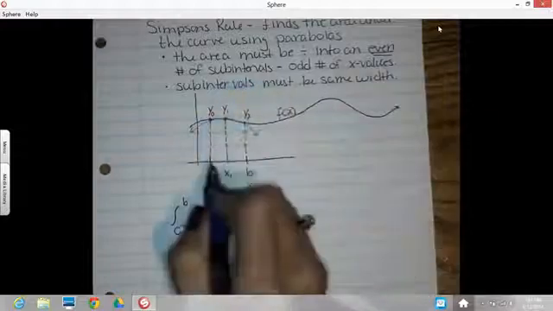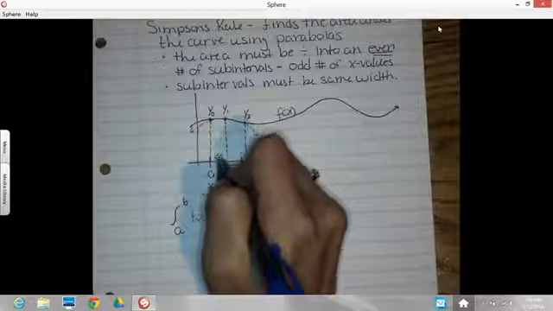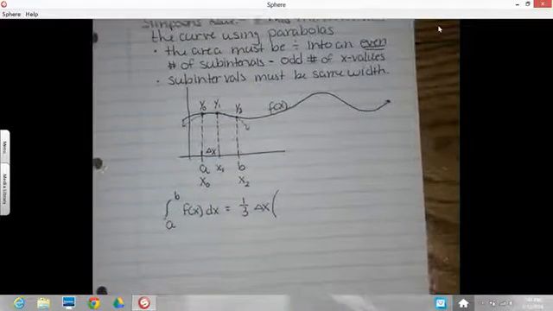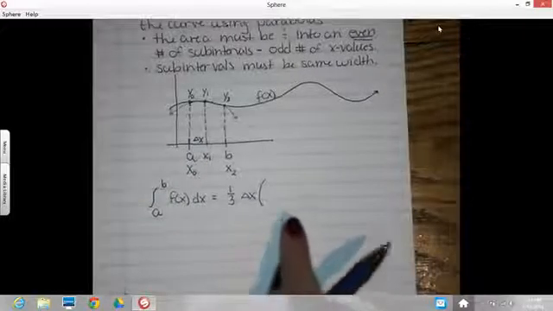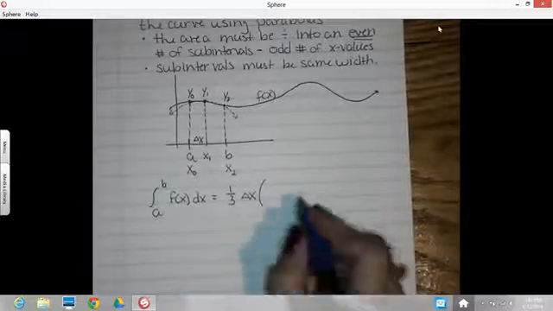Your delta x is how wide you've chosen to make your subinterval. So there's your delta x. It's that width, and that's constant all the way through. Times, and then just like our Pascal's triangle when we did the binomial expansion, we had those multipliers out in front. We have the same thing here.